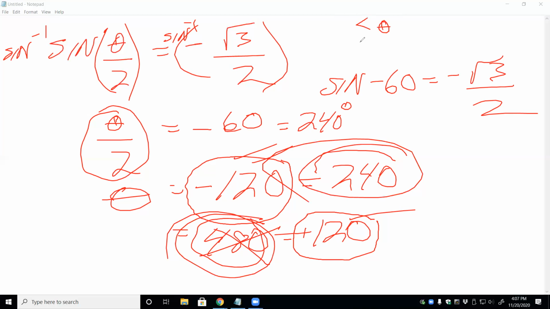In a similar way, when we were doing problems where it was 2 theta or 3 theta, where I expanded the domain from 0 to 4 pi, well, since it's theta over 2, that would actually only go to pi. So the only answers are going to be the first and second.